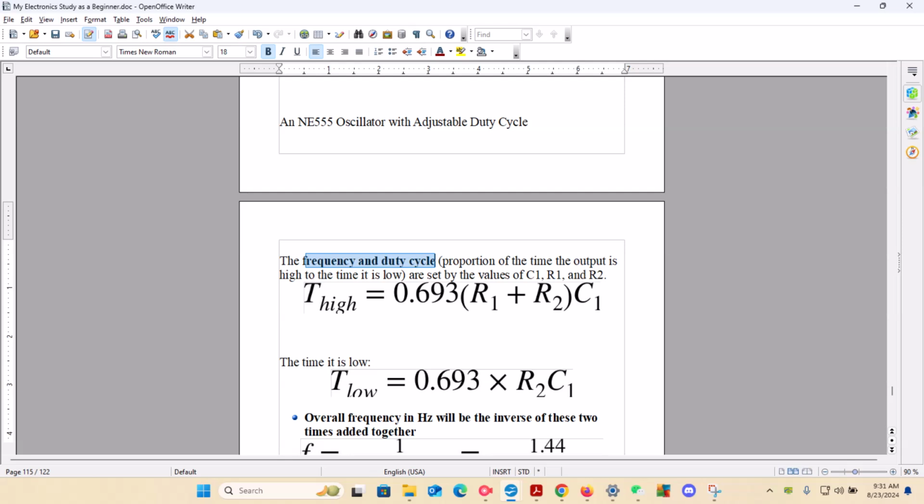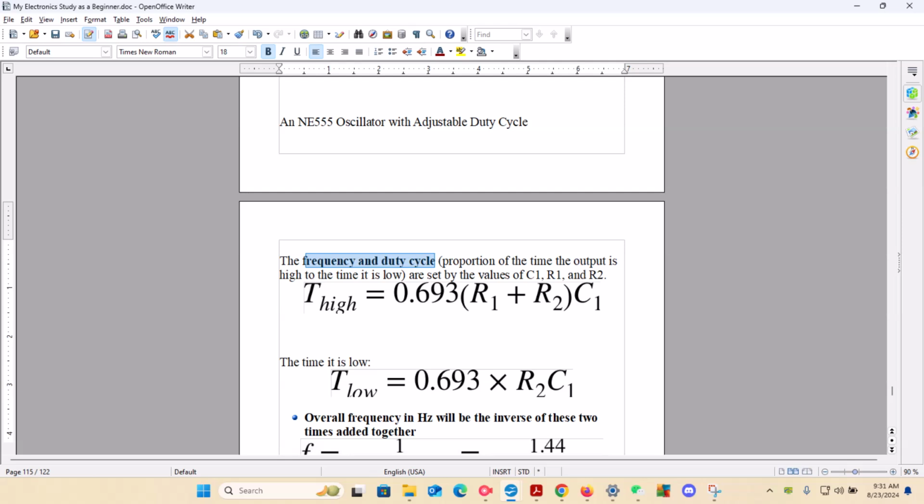So there are two formulas. Time high equals 0.693 times (R1 plus R2) times C1. Okay, that is time high.